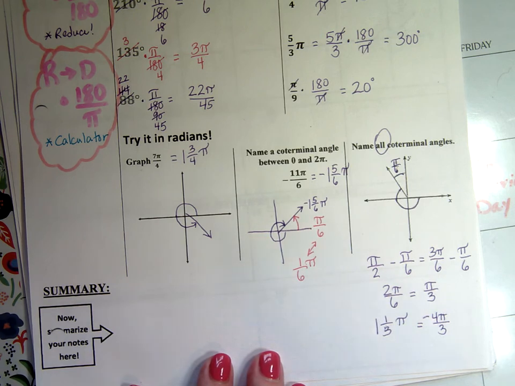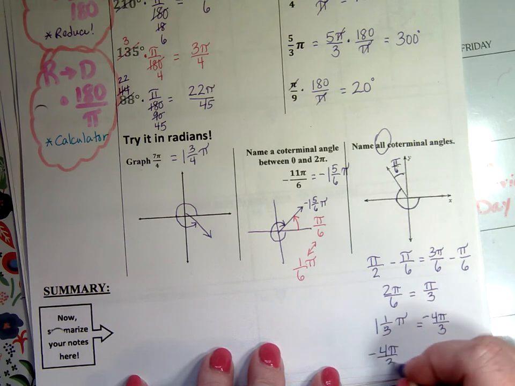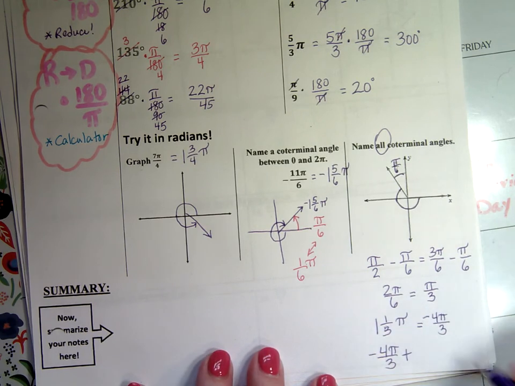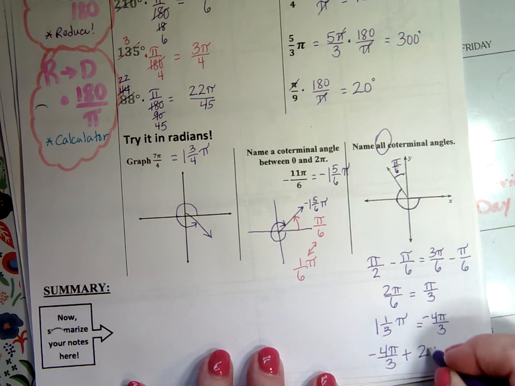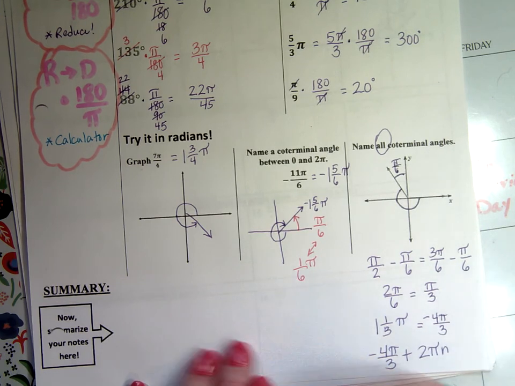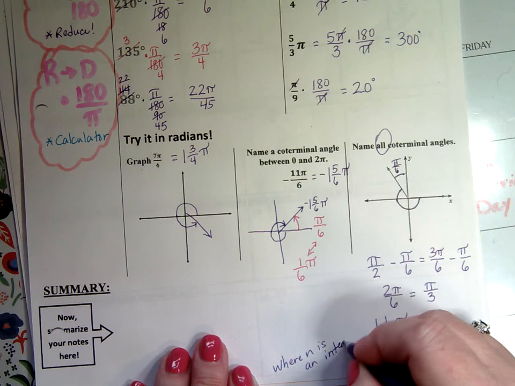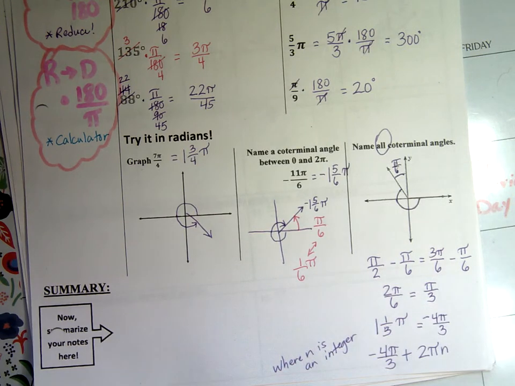It's going to be negative 4 pi over 3, the angle we found, plus, instead of 360, 2 pi n, where n is an integer. Right, it has to be a whole number, positive or negative. Not a very significant question, children, so in the scheme of what you need to know, that one's not high on the list.